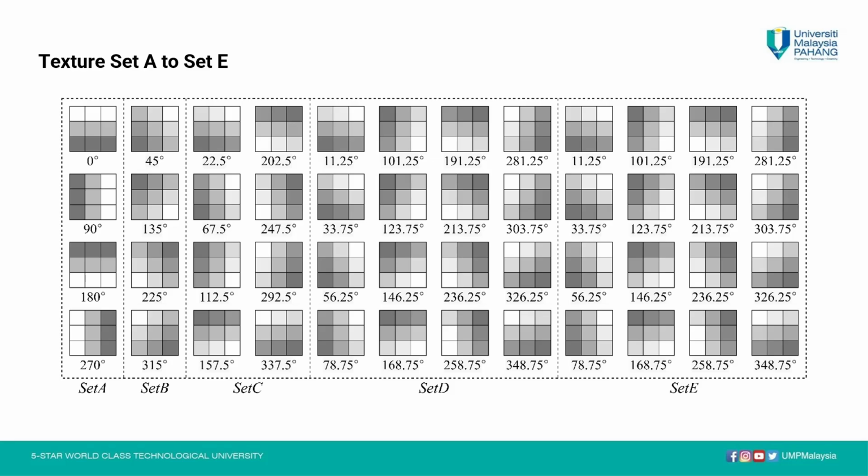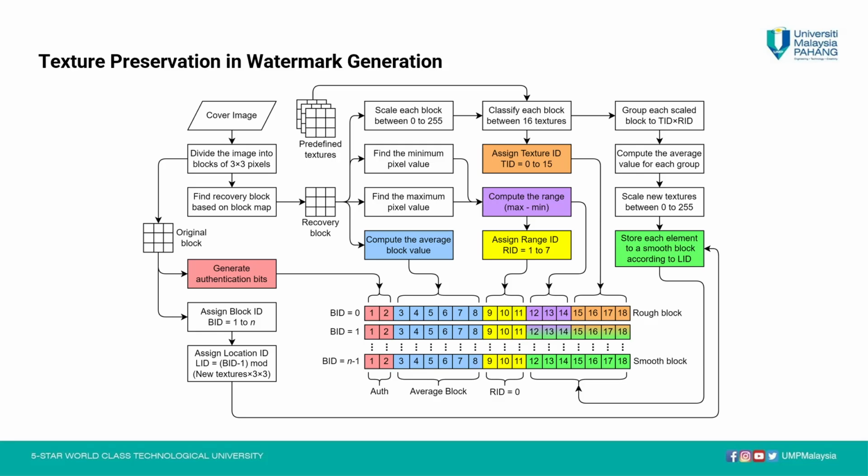To get the maximum performance and maximum image quality, we get 16 here. Why 16? Because we only have a limited amount of data to store the texture. So we only have 3 bits of data here.